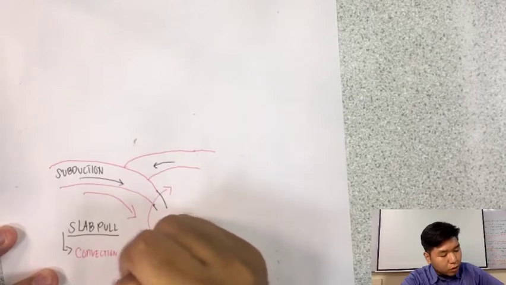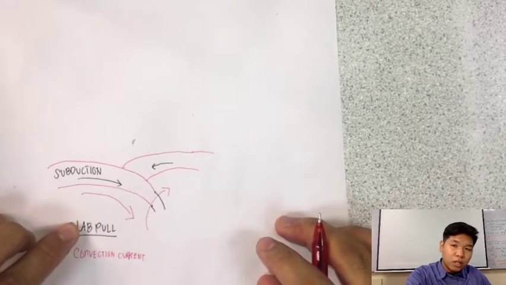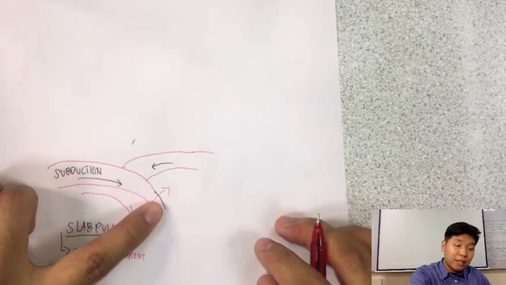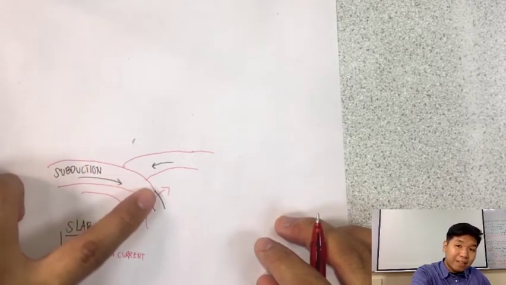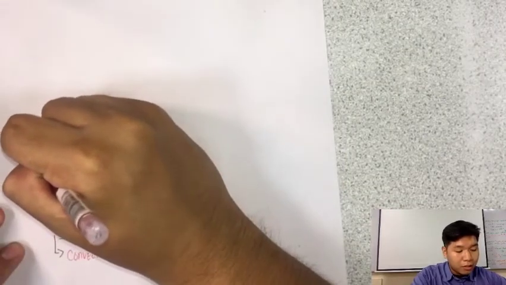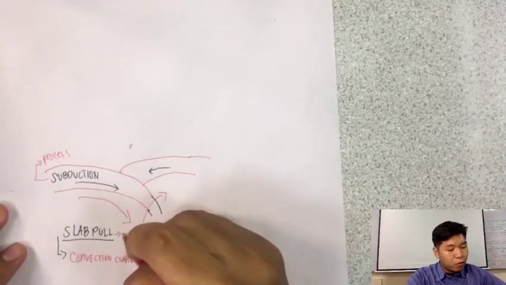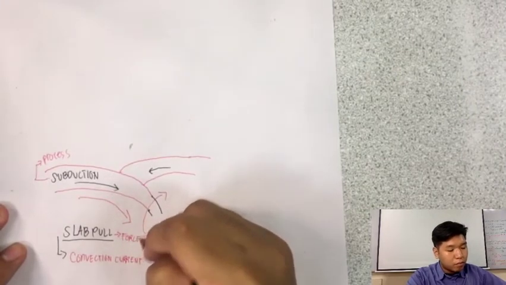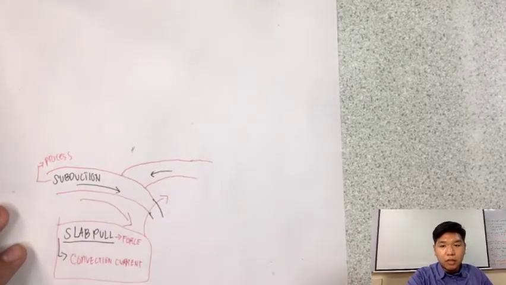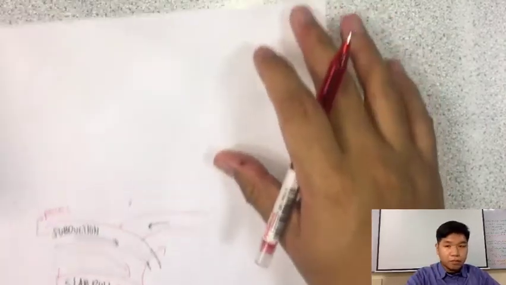So convection currents in the mantle create slab pull force in order to sink a tectonic plate, and the process of the sinking is called subduction. So subduction is going to be the process, and slab pull is going to be the force that causes this.